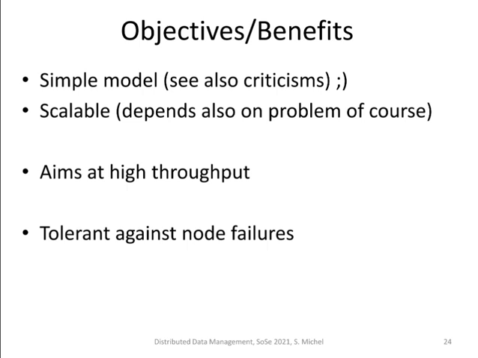For instance, Apache Spark, you could say, is the successor of MapReduce. So what was the aim? The aim was scalable computation, also in the presence of node failures, really going for petabytes, high throughput, and a very simple model where you have two functions, map and reduce, and you can solve your data analytics tasks, even though you're not a programmer or a database expert.